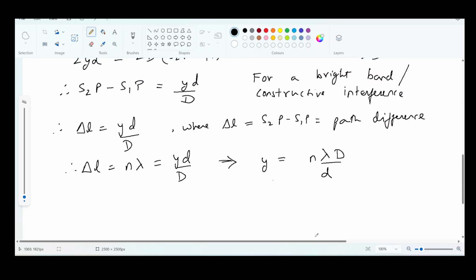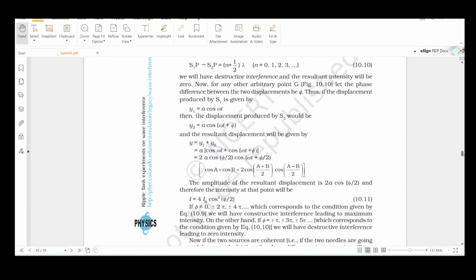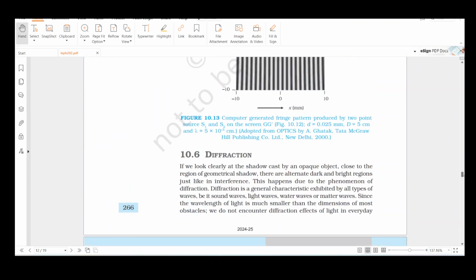So this is the condition for a bright band. I'm sure you must be having this equation somewhere in the textbook. Let me show it where.